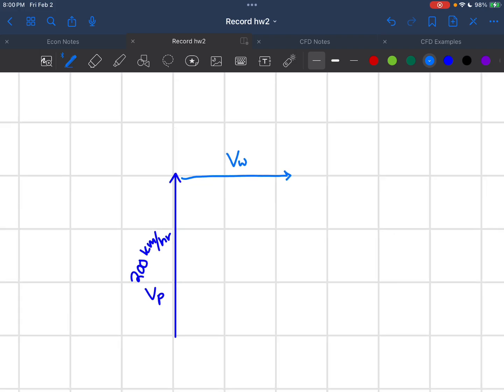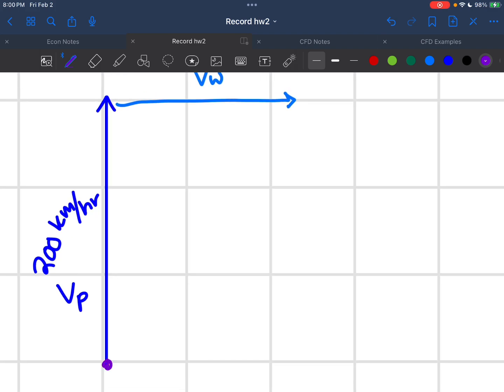So that's my velocity of the plane, and my velocity of the wind is pushing us to the east. The result of this, what I do is I add my vectors, and you notice that I drew them tip to tail, because when I add vectors, I draw my first vector, and then I start where I just left off and draw the second vector, and my resultant starts where I started and ends where I ended.